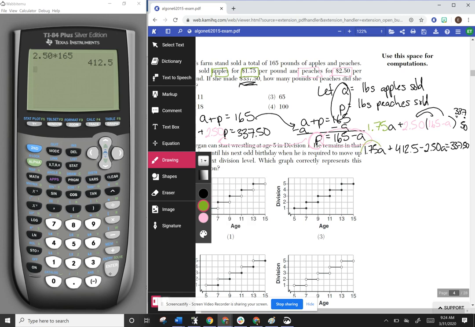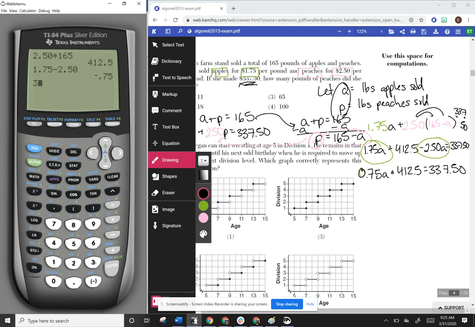And now we can see we actually have some like terms here. So I'm going to do 1.75 minus 2.50. And I'm subtracting because 2.50 is negative. And I get negative 0.75A plus 412.5 equals 337.50.